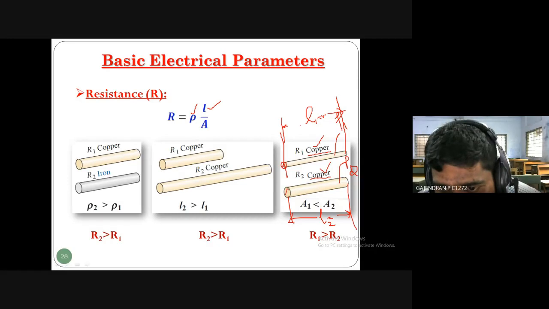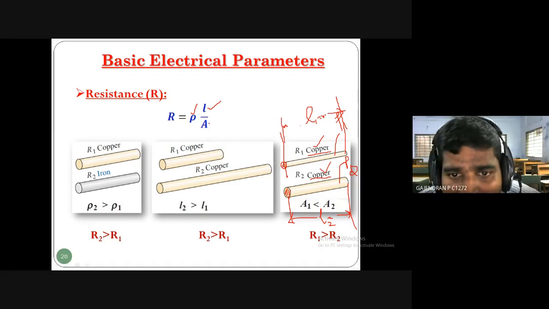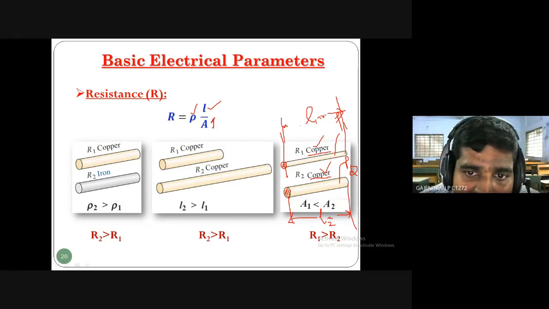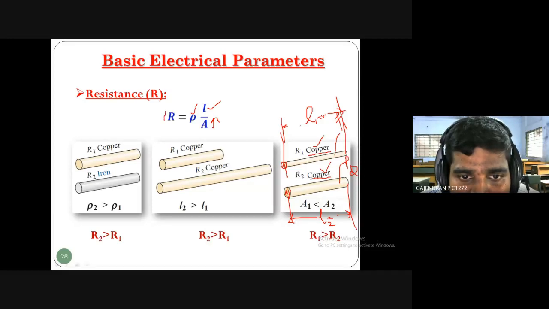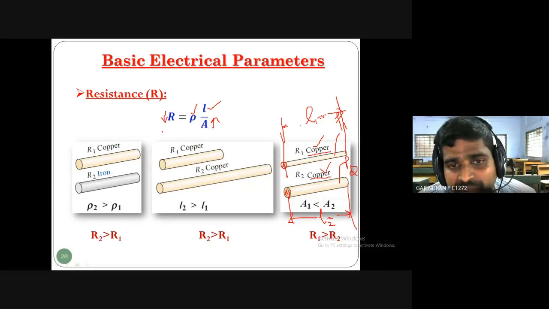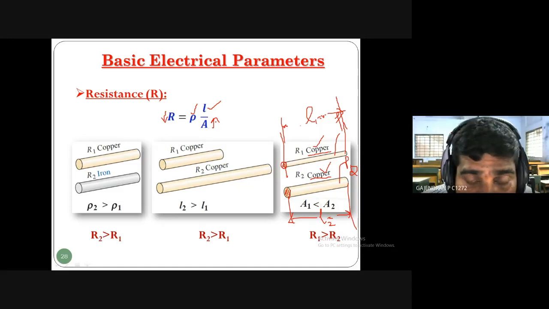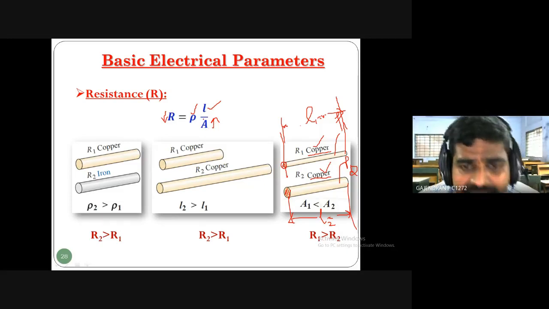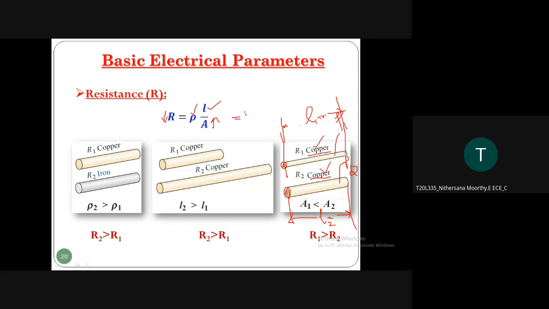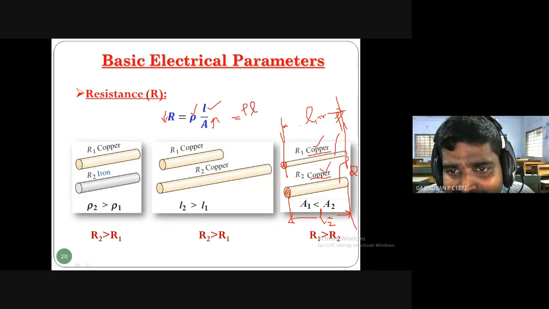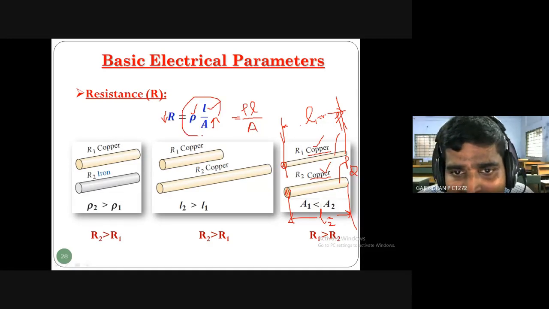What is the relation? If I increase the cross-sectional area of the conductor, resistance will decrease. It's simple. Shall I rewrite this equation?